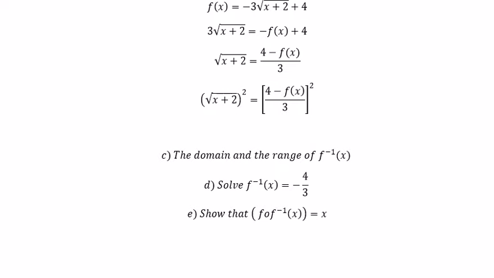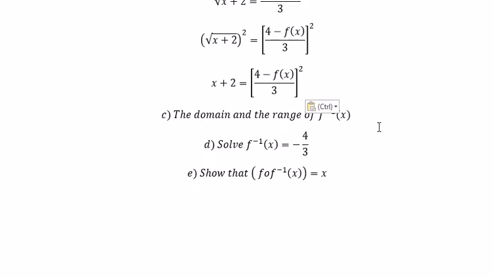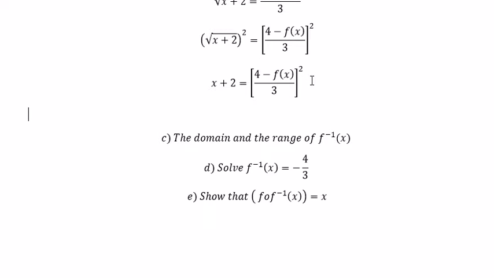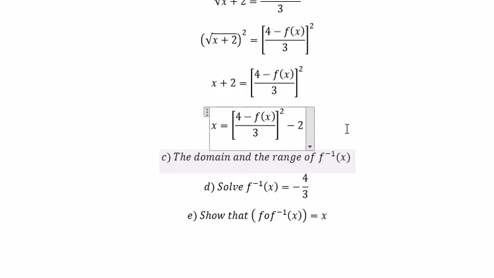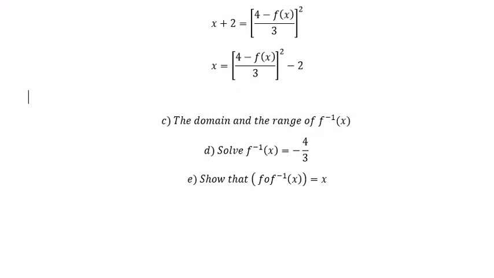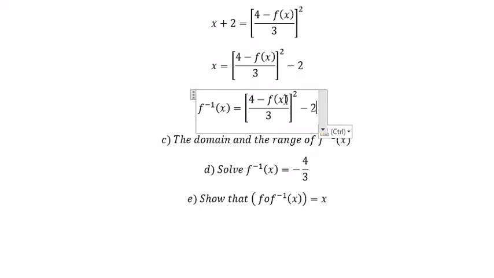So we can cancel the square root. Later that, we move number 2 on the right. And now we can find the inverse function in here. That's about this one. We change to x.